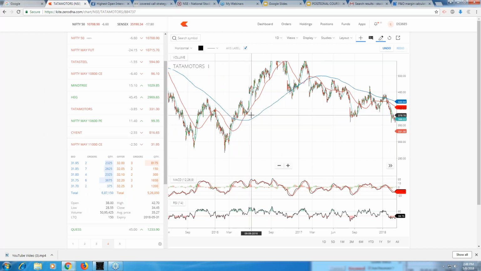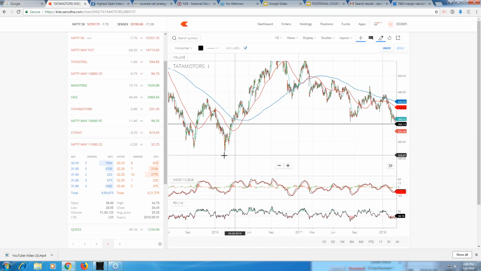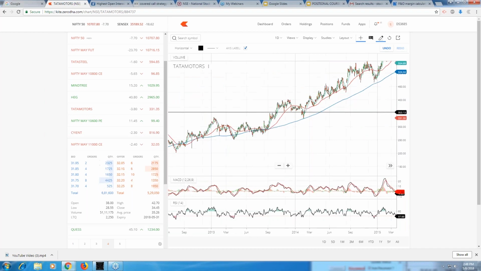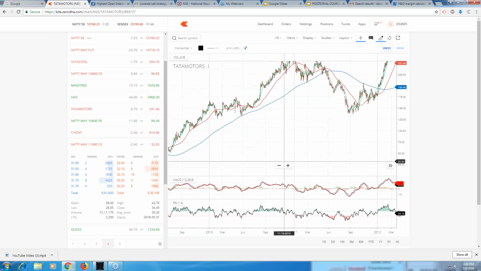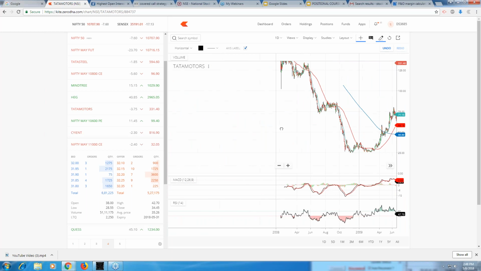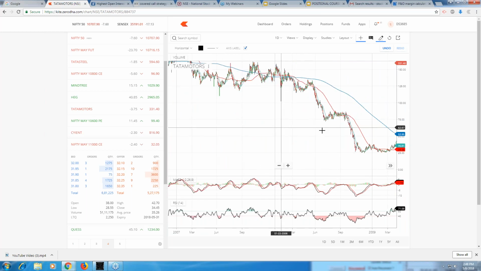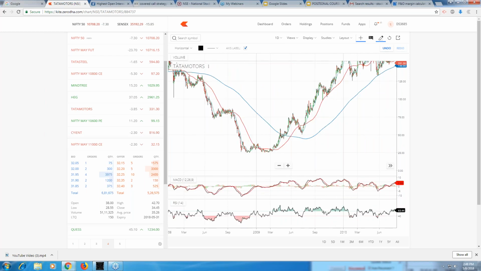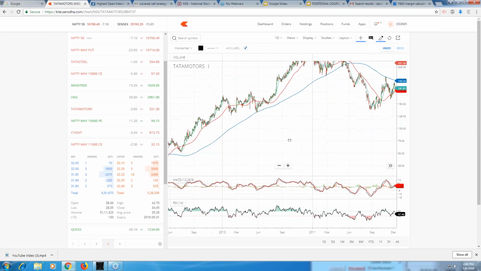Now what will happen to this? It can behave as a resistance. There is quite a good probability that it can behave as a resistance, right? And which is what the stock has actually done, right? So if you know resistances and supports, you will be able to create better positions, right? You will be able to create better positions.